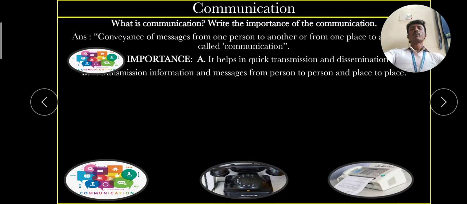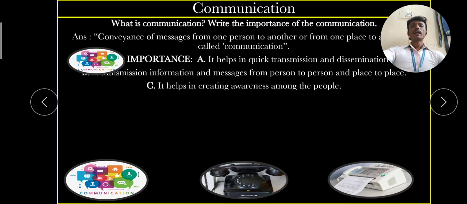Then, very important, information and messages can easily spread from person to person and place to place. It helps in creating awareness among the people. People get awareness through communication media.